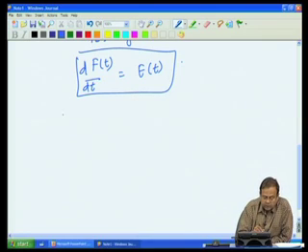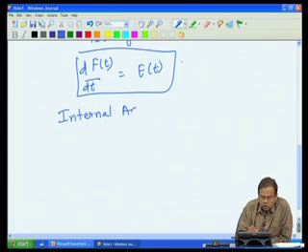And this introduces yet another distribution, which is called the internal age distribution.